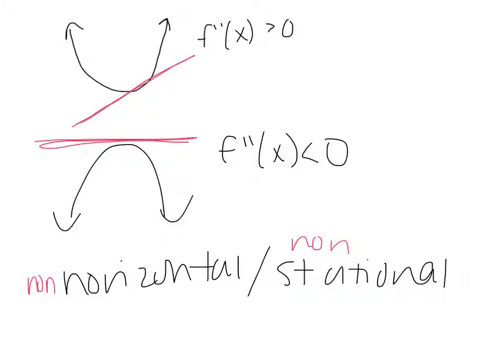The way you know this is if the second derivative of x is equal to 0, that means it is horizontal or stationary. And if it is not equal to 0, say it's greater or less than 0, then you have a non-horizontal or non-stationary point of inflection.